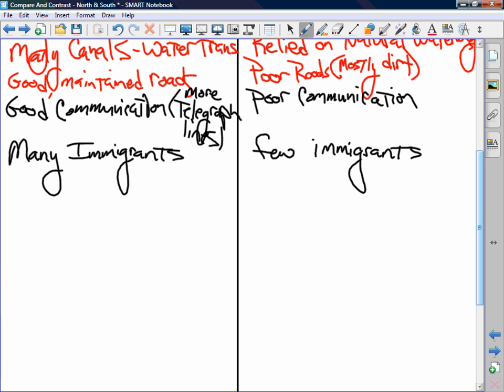Now there's something else that you can compare based on these. Many immigrants, few immigrants. There's something that's a result of that immigration. Okay, there's more jobs in the factories. We have that industrialization, you're right. Take it even a step farther than that.